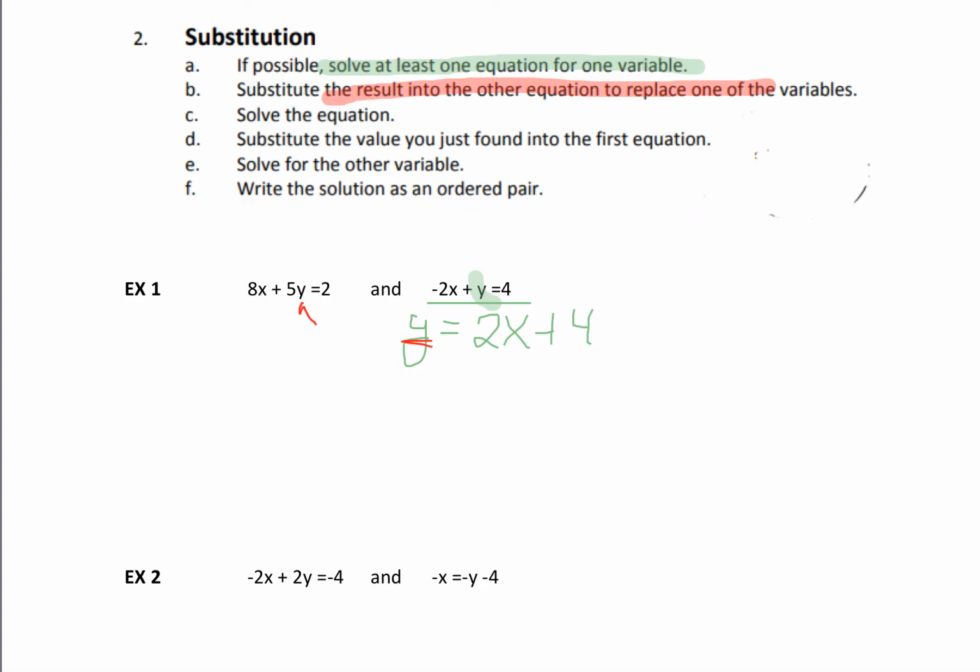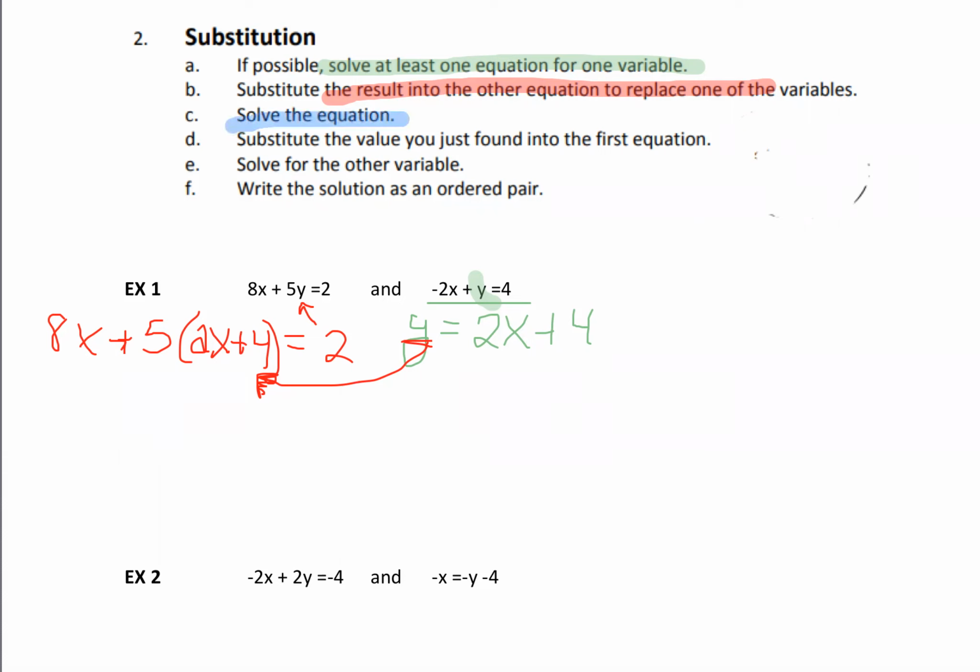So over here, in place of y, I'm going to write the equation out, but y is now going to be parentheses. In that parentheses, I'm going to put that y, which is now 2x plus 4. And the reason I do that is now I have this all in terms of x, one equation, one variable, I can solve it.